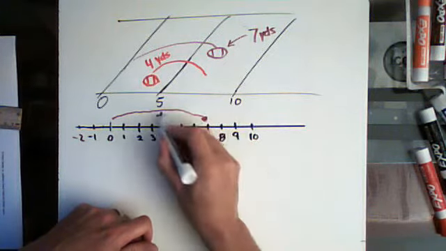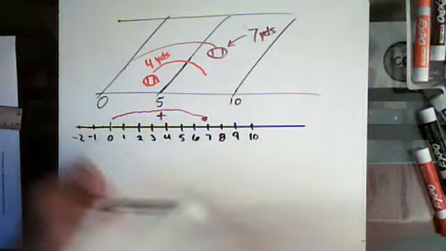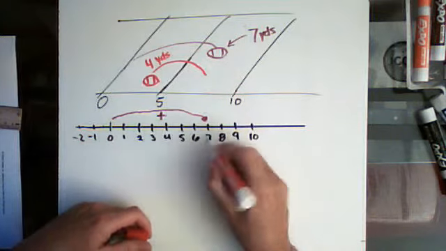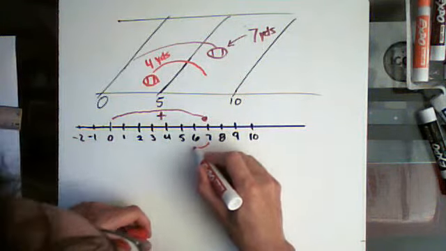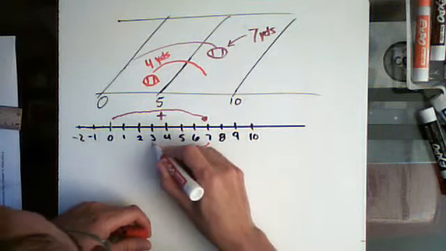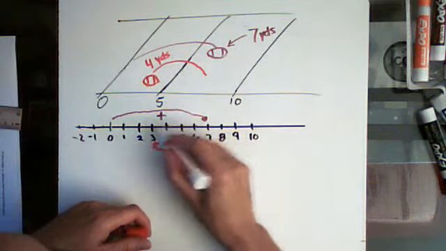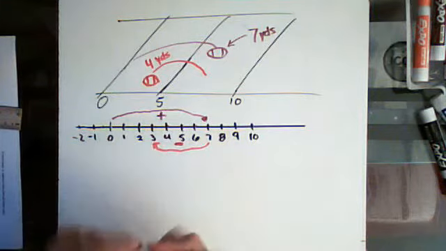So it adds 7 yards. Then, the next play, it goes back 4 yards. So we go back 1, 2, 3, and 4 yards back.